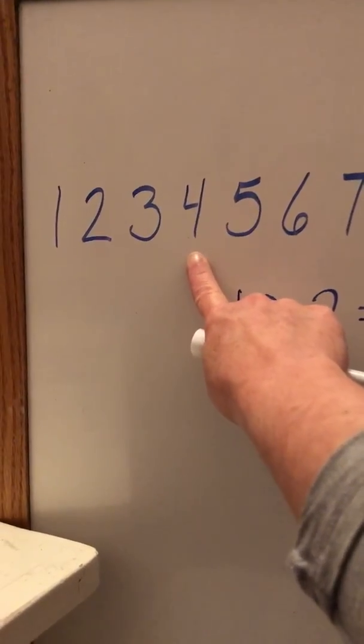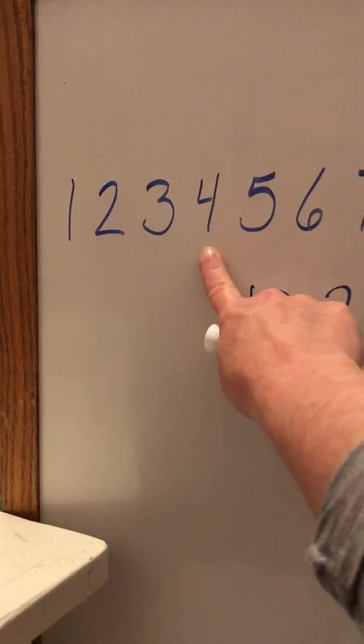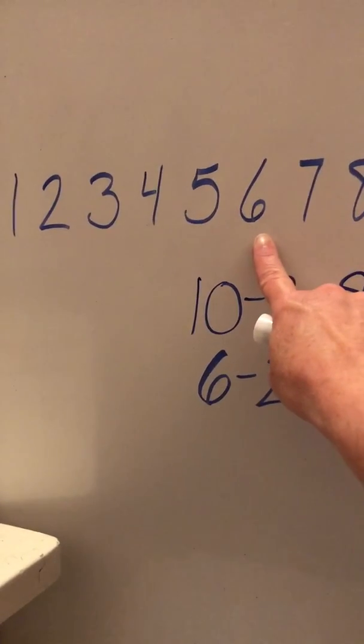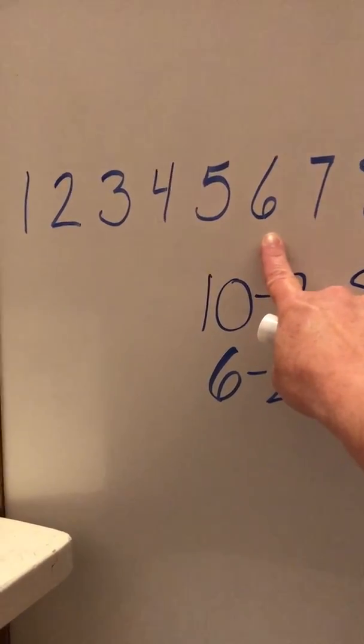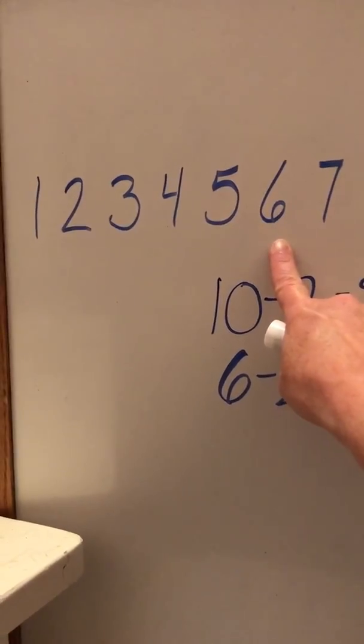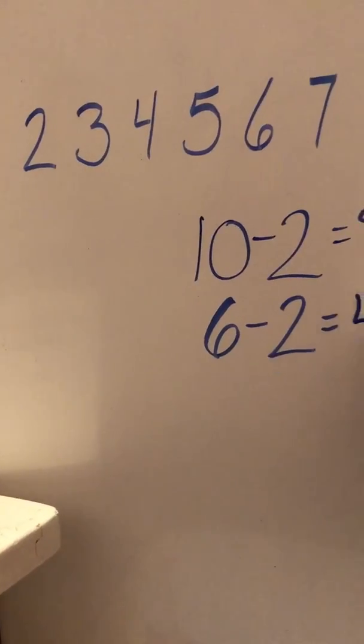We can check the answer by adding. We can say 4 plus 2 equals 6. Is that correct? Yes, it is. So you know that 6 minus 2 equals 4.